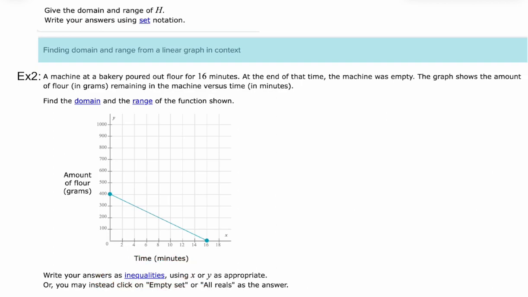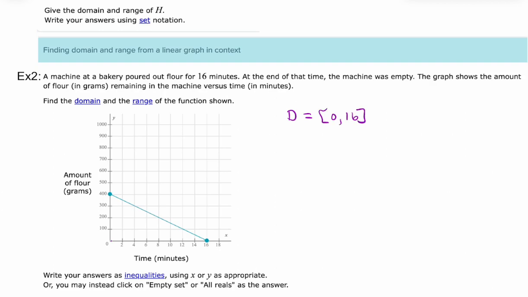We'll do both, okay? Okay, so if you notice for our x values, so compare our graph with the bottom here, our x values. The lowest x value is 0, the highest x value is 16. So for interval notation, our x values go from 0 to 16.